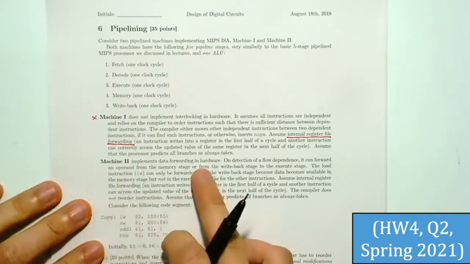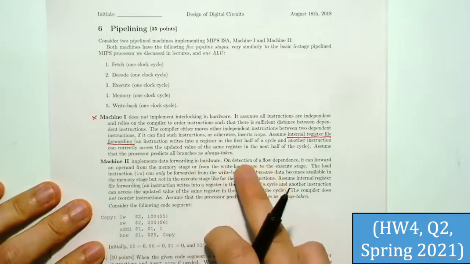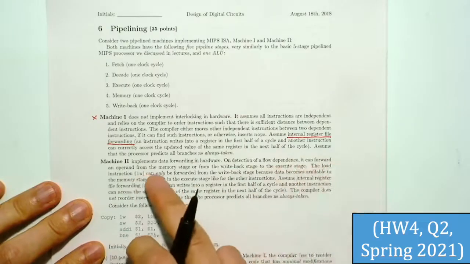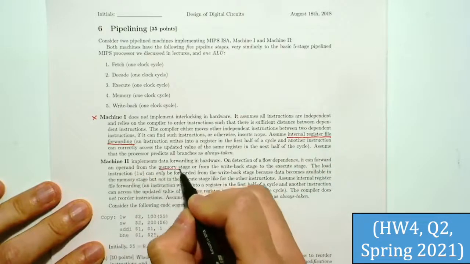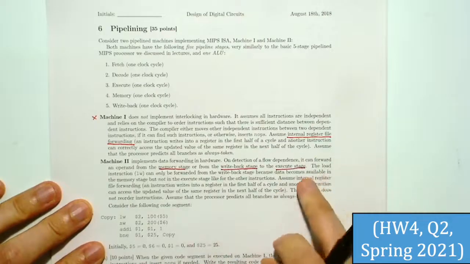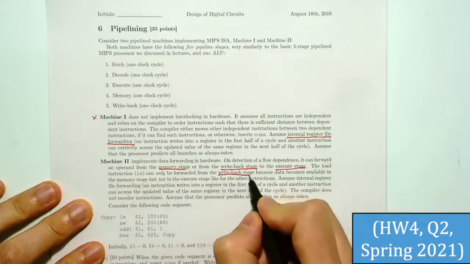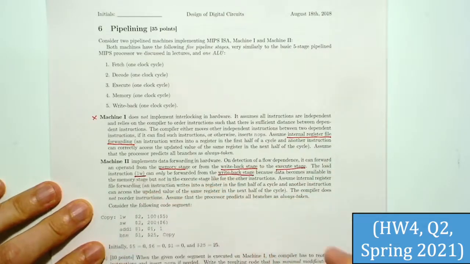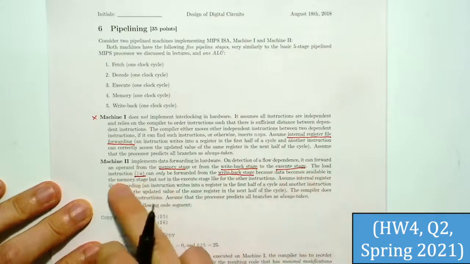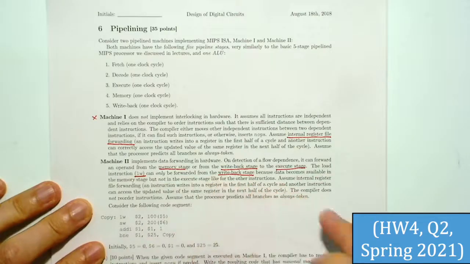Okay, machine 2 implements data forwarding in hardware. On detection of a flow dependency, it can forward an operand from the memory stage or from the write-back stage to the execute stage. The load instruction can only forward from the write-back stage, because data becomes available in the memory stage, but not in the execute stage like for other instructions.